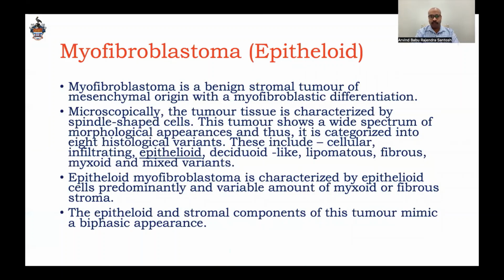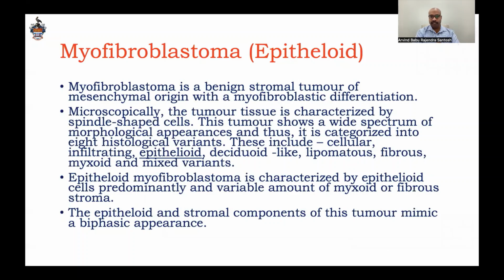Myofibroblastoma is a benign stromal tumor of mesenchymal origin with myofibroblastic differentiation. Microscopically, the tumor tissue is characterized by spindle-shaped cells. This tumor shows a wide spectrum of morphological appearances, and there are almost 8 variants, including cellular, infiltrating, epithelial, deciduoid-like, lipomatous, fibrous, myxoid, and mixed variant.